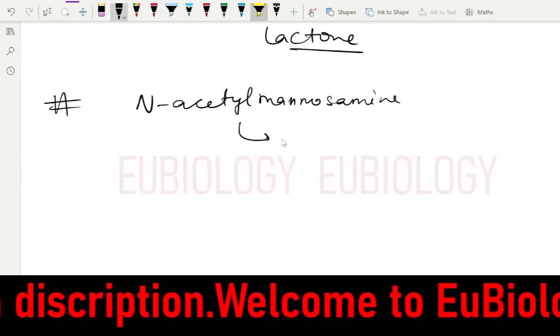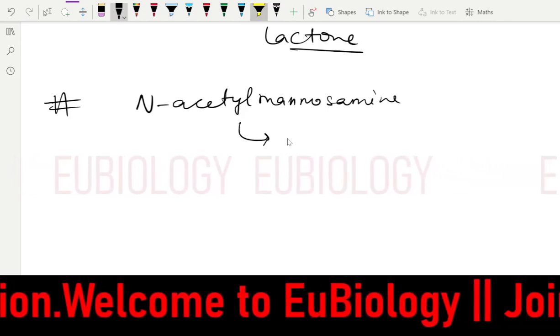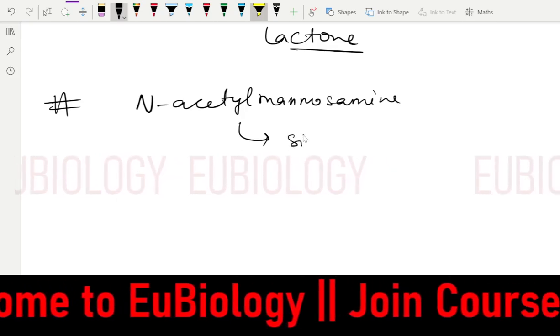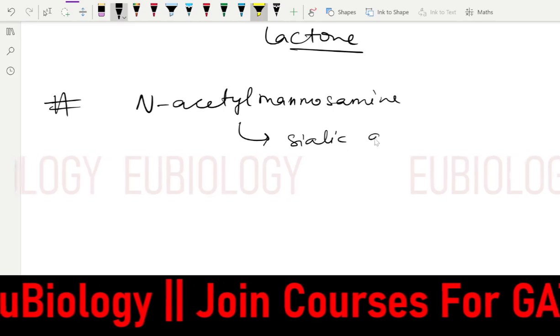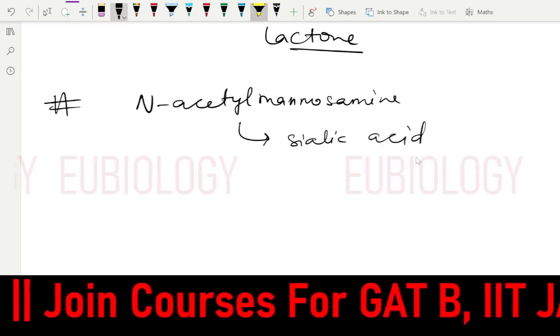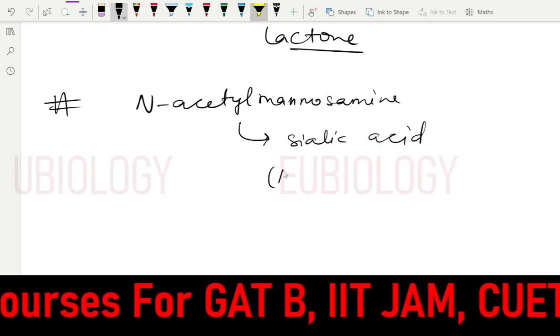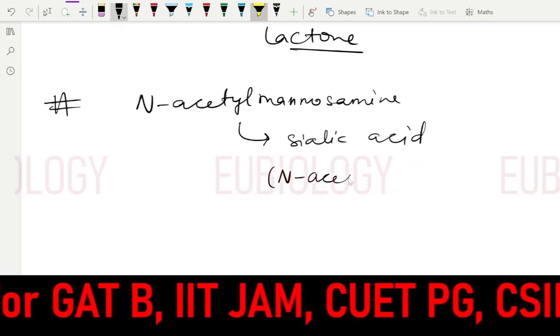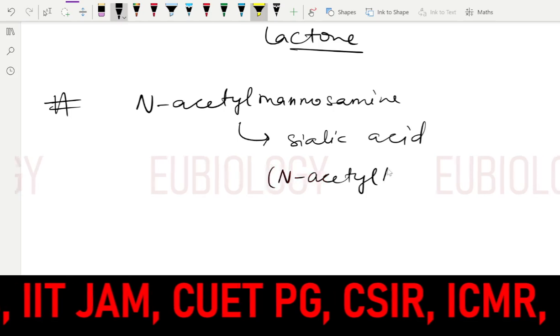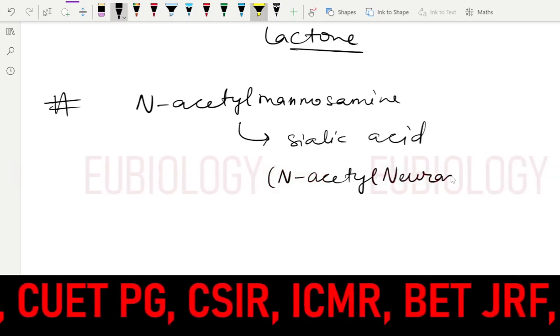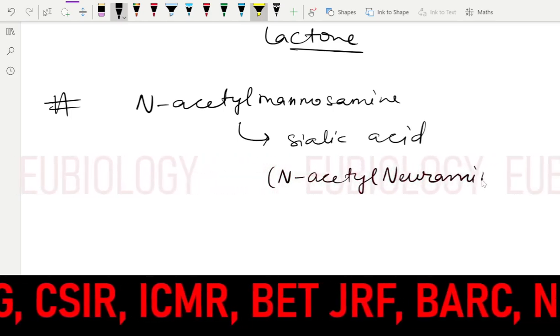It will give you the N-acetyl neuraminic acid, or it is called sialic acid. Okay, sialic acid, or it is called N-acetyl neuraminic acid.